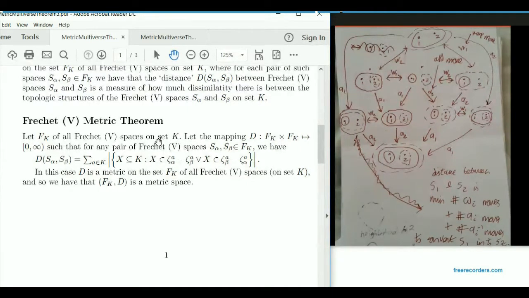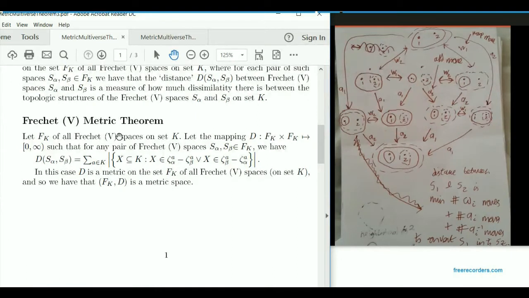But if there is some sort of topological dissimilarity, then we're going to have some examples where we have a subset X which is a neighbourhood of the point A in one Frechet space's neighbourhood structure, but X won't be a neighbourhood in the other structure, in the space S beta.